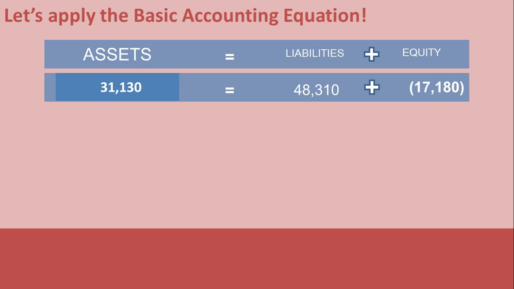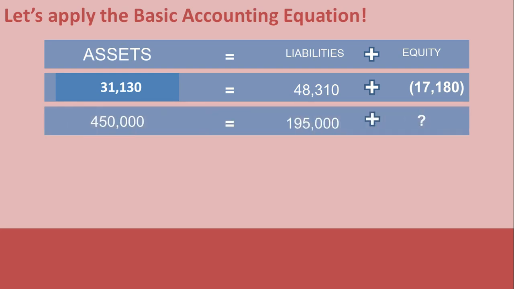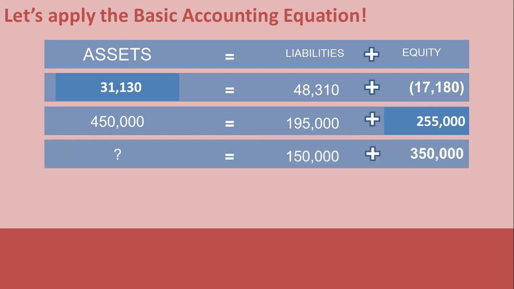Now, let's move on to the next one. How much is total equity? Answer? 255,000. Splendid. How about this? How much is total assets? The answer? 500,000.